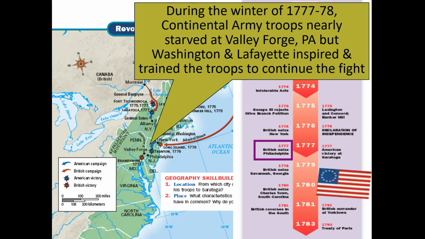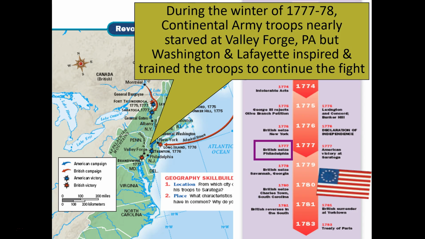One advantage that they do have at Valley Forge over the course of the entire war is George Washington's wife, Martha Washington, throughout the summers, goes back to Mount Vernon and starts collecting supplies.